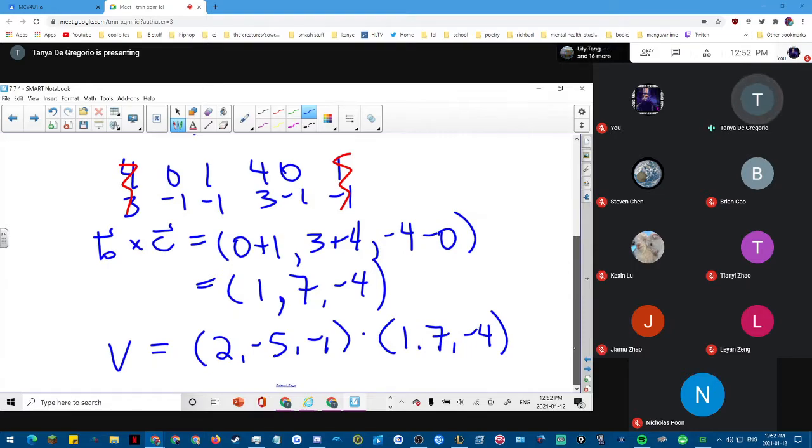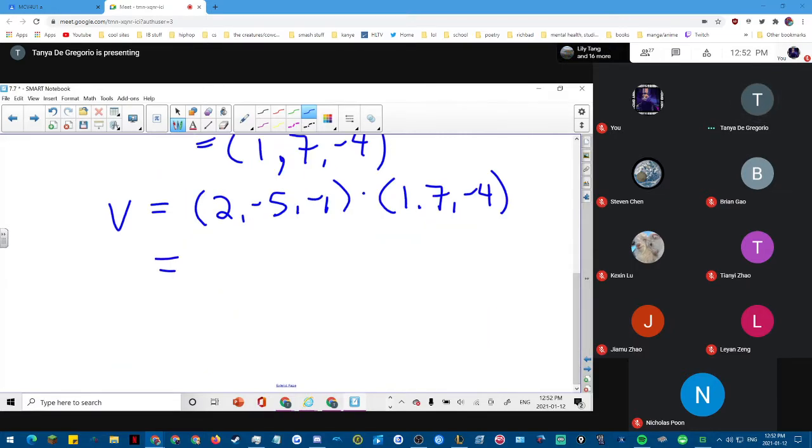There's my A, A dotted with B cross C. And so when I do my dot product, how do I do this? And of course, I want the magnitude. What am I doing here? Multiply the components. Good.